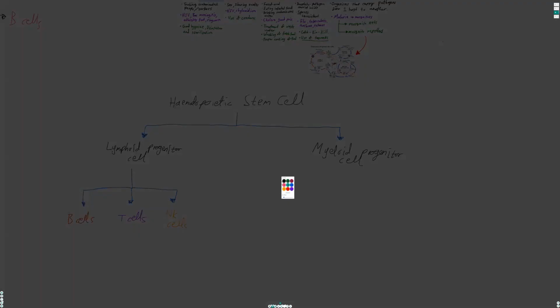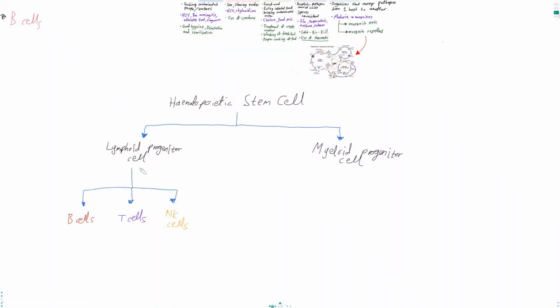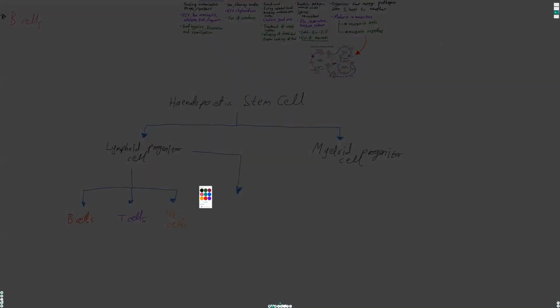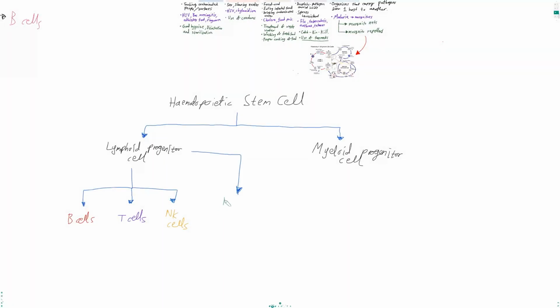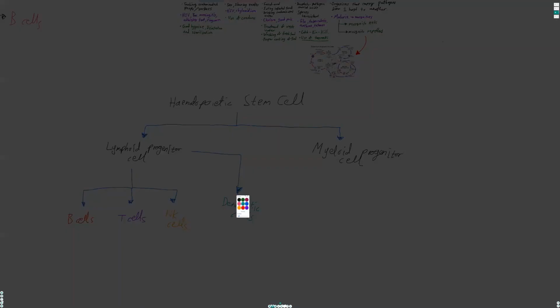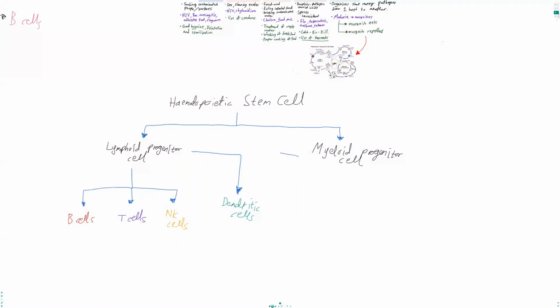The lymphoid progenitor cells can also, but not always, differentiate into another type of cell called dendritic cells. In fact, the myeloid progenitor cell can also differentiate into dendritic cells as well.